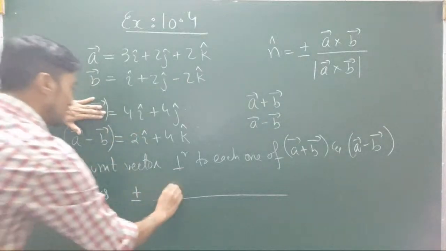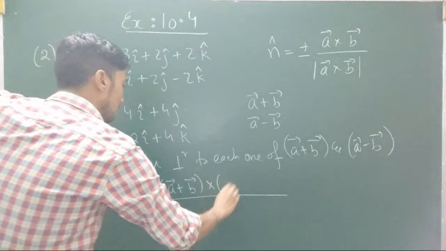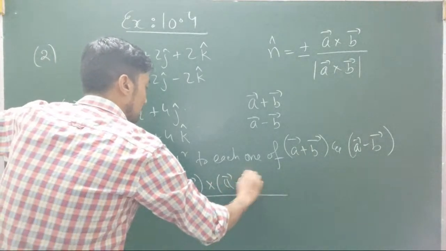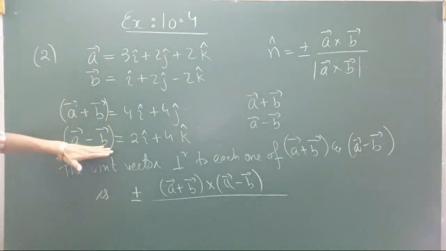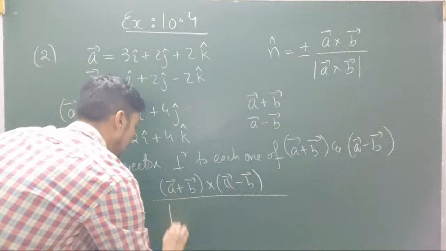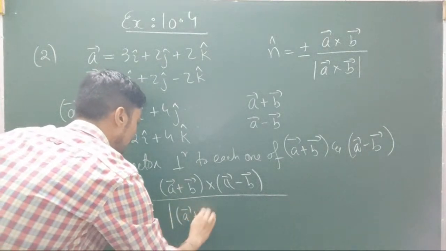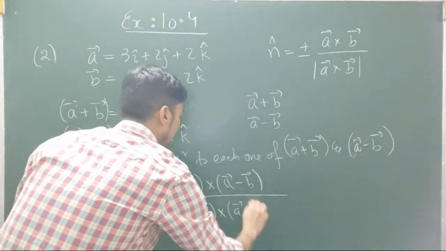This one, that is A plus B, this vector cross the other vector, because here the two vectors are A plus B and A minus B. I hope you get the point here. Divided by the magnitude of A plus B cross A minus B.